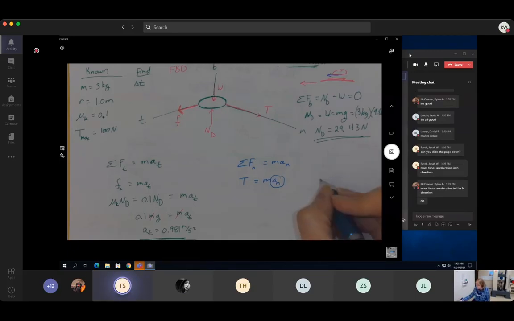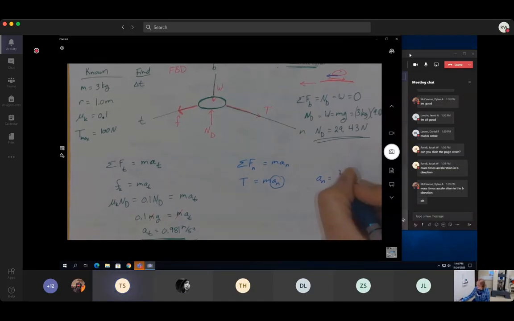Do we have to somehow find a velocity or something? We don't necessarily need to find it, but what's the formula? Velocity divided by radius. Close. Velocity squared divided by radius. There we go. Okay, so velocity squared divided by radius.